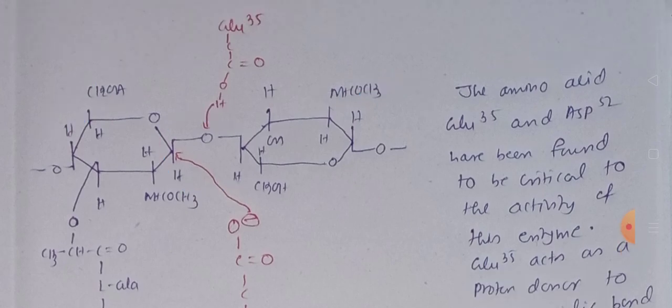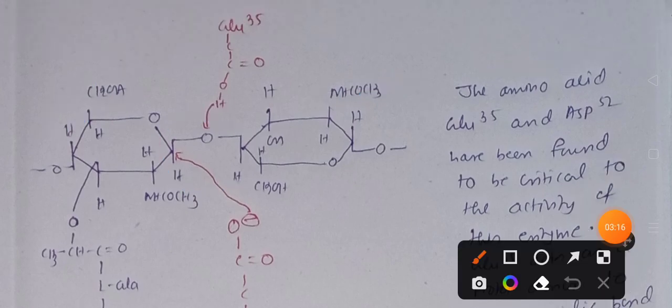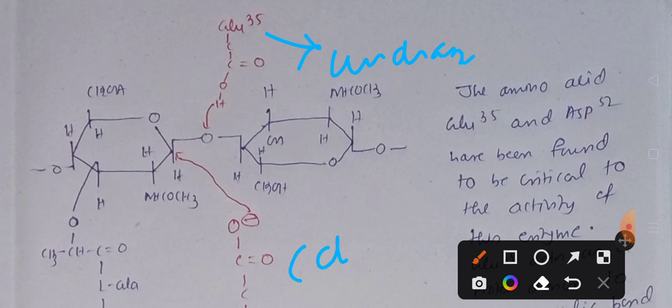Remember that in the mechanism of action of lysozyme, this glutamic acid is uncharged, but this aspartic acid is charged, probably due to the change in pH in their local environment.